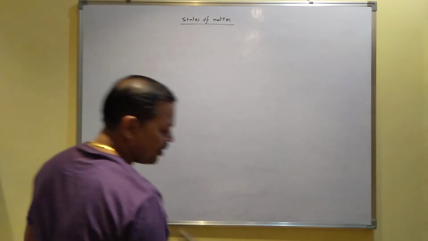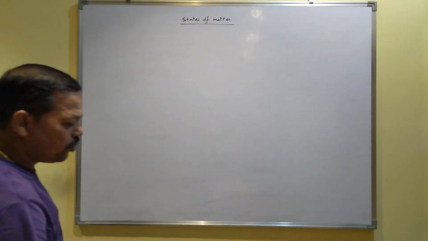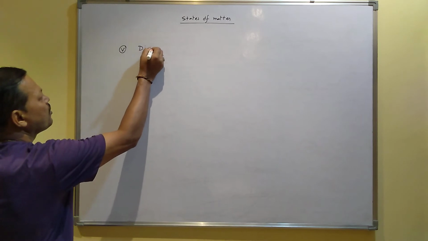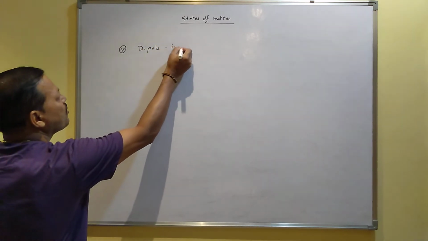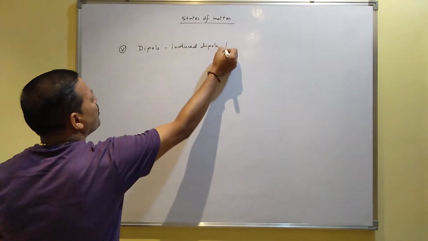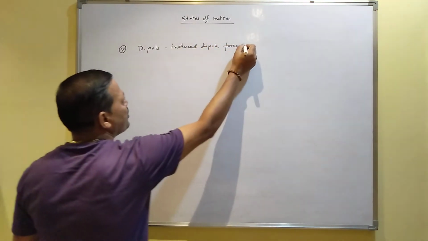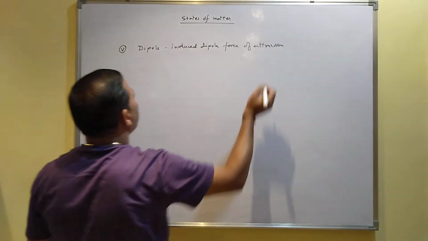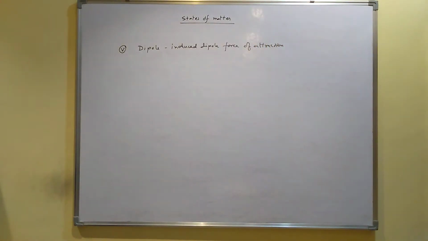Number 5, another force of attraction, is called dipole-induced dipole force of attraction.